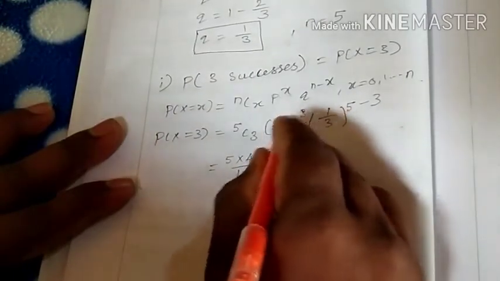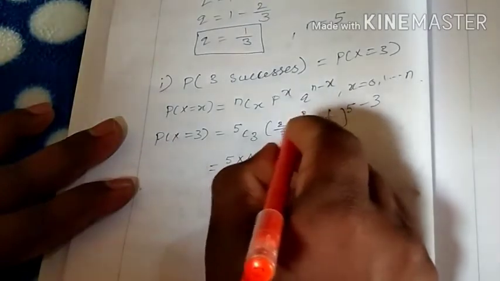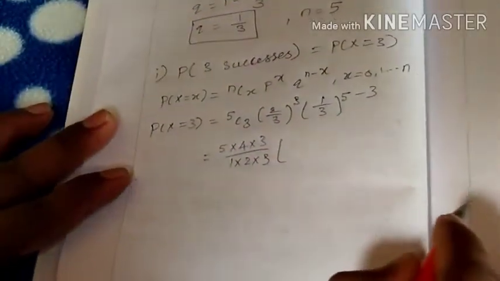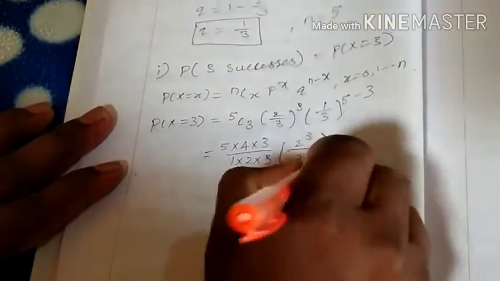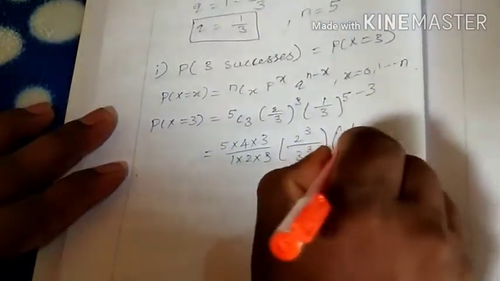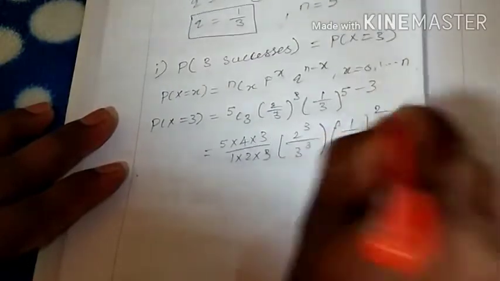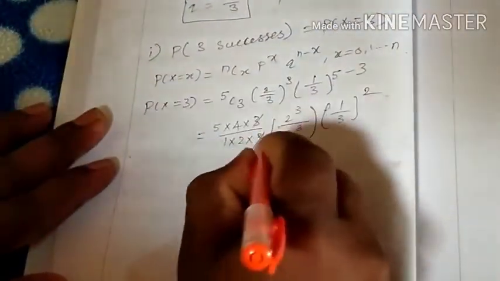Then the 3 is common for 2 and 3. Okay, so 2 power 3 divided by 3 power 3 using the exponential rule. Then 1 by 3 power 5 minus 3, which is 2. Okay, using the cancellation, 3 are cancelled.